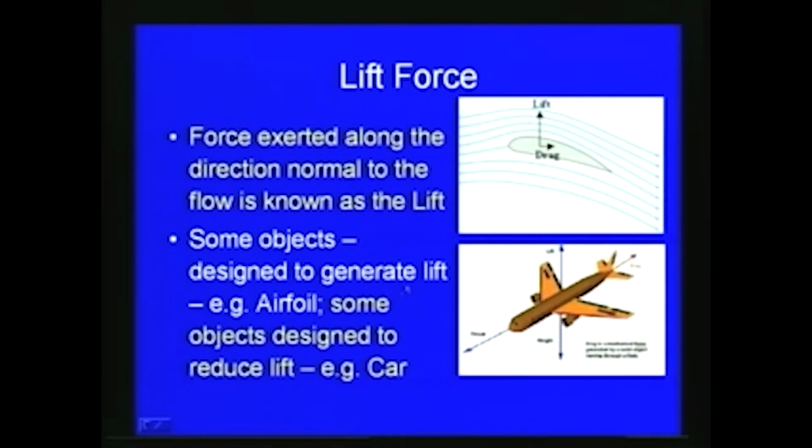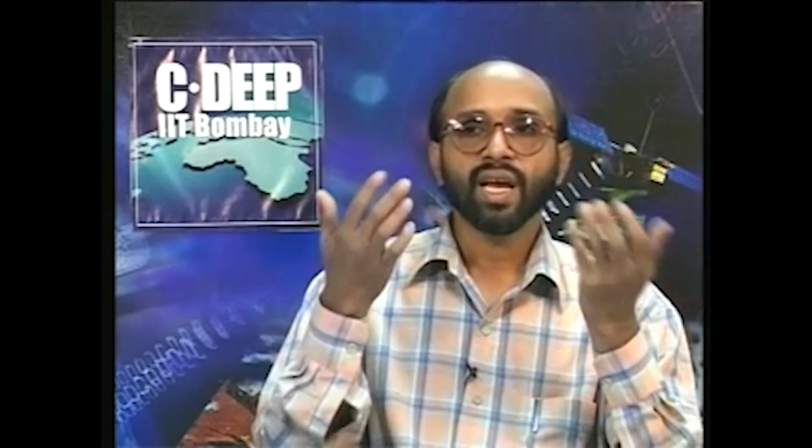Some objects are designed to generate lift. For example, in aeroplane design, we have to design the shape in such a way that we create lift, so that we can lift the aeroplane when the plane is moving. Some designs like airfoils or aeroplane wings are designed to generate lift, but some designs like a car, bus or truck are designed in such a way that we want to reduce the lift effect.